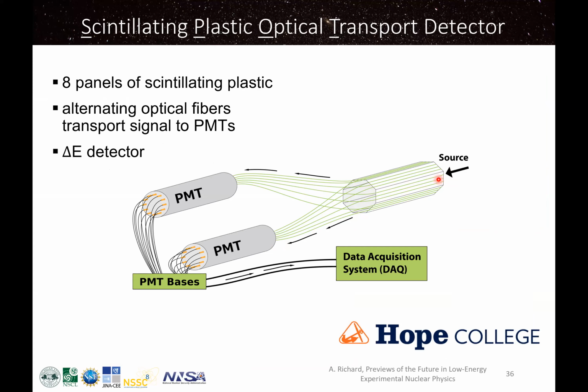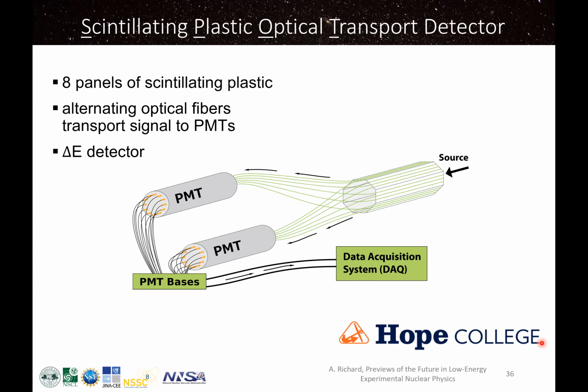Each one of these panels has 4 fibers attached to it, and 2 go to one PMT and 2 go to the other PMT. These PMTs, of course, give us our beta signal, and this is how we can make sure that we have a beta decay there. This is the detector that we use in place of the DSSD, and it was actually designed and developed by Hope College.